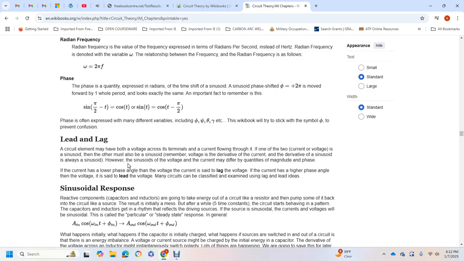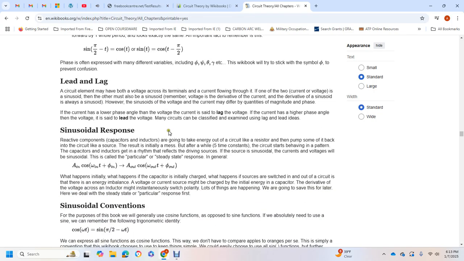Remember, the derivative of a sinusoid is always a sinusoid. The voltage and current may differ in magnitude and phase. The current with a lower phase angle than the voltage is said to lag the voltage, and the current with a higher phase angle is said to lead the voltage. Many circuits are classified with lag and lead ideas.